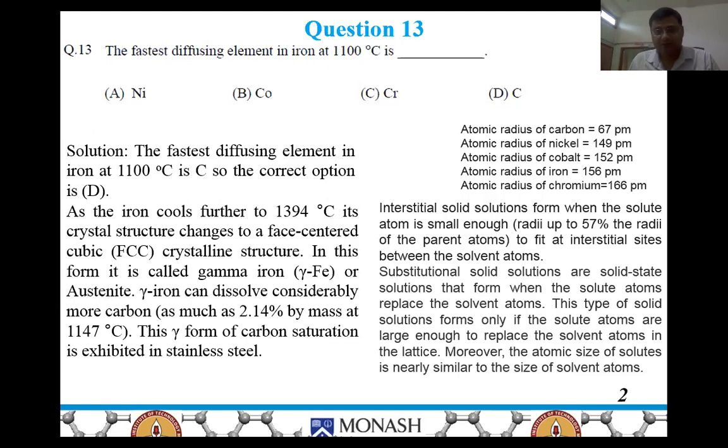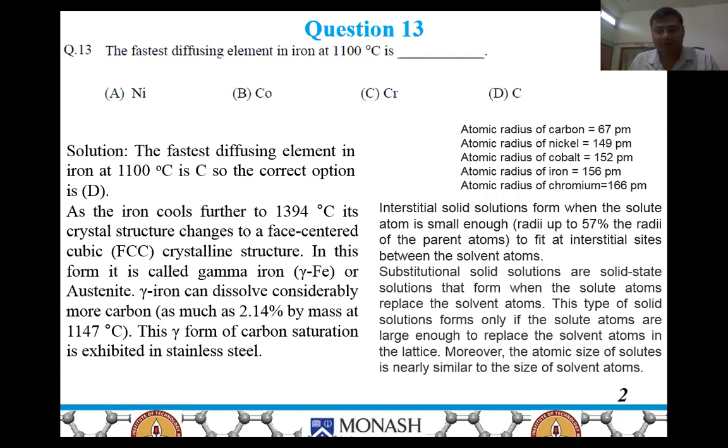And if we look at the phase diagrams of these, as the iron cools further to 1394 degrees centigrade, its crystal structure changes to FCC, and in this form it is called gamma iron or austenite.